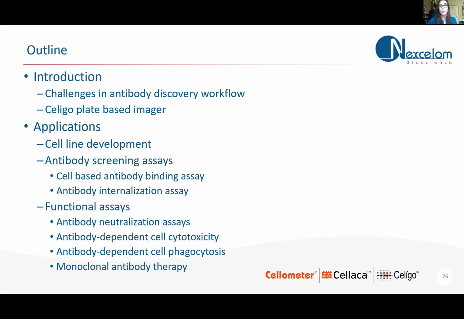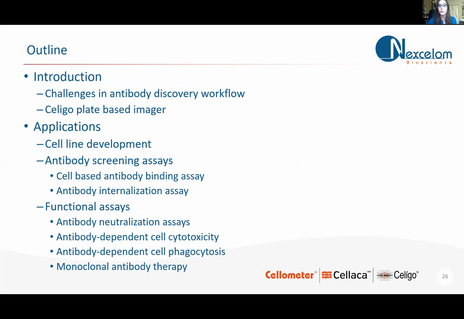So once you've established that you can actually quantify binding affinity of the antibodies that you're producing, you want to evaluate whether or not those antibodies actually elicit the physiological effect. So functional assays are very broad and diverse. Obviously, in the context of viral infections, we're looking for antibody neutralization, where we're actually blocking viral infectivity.